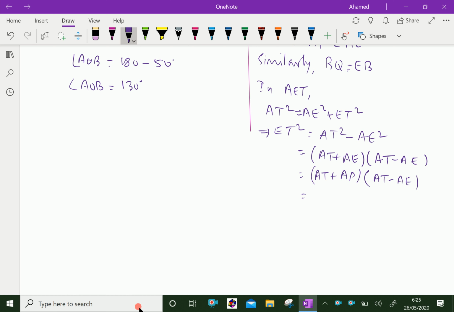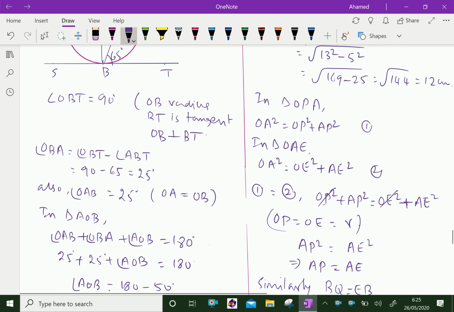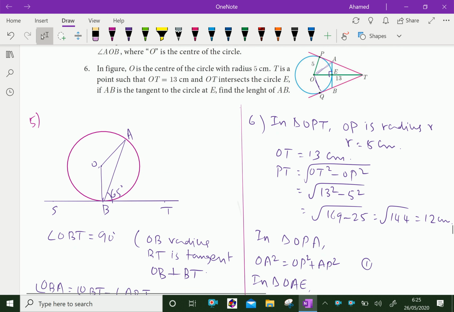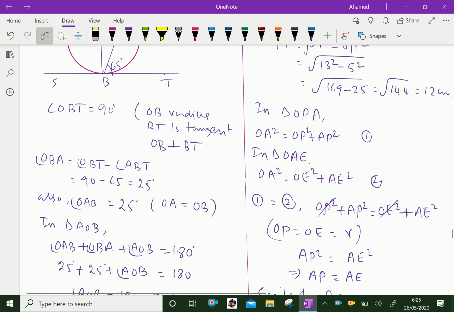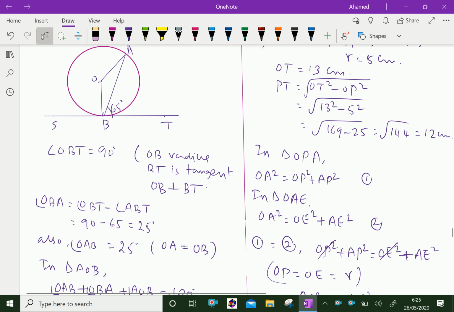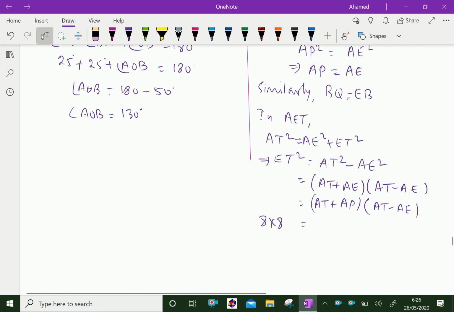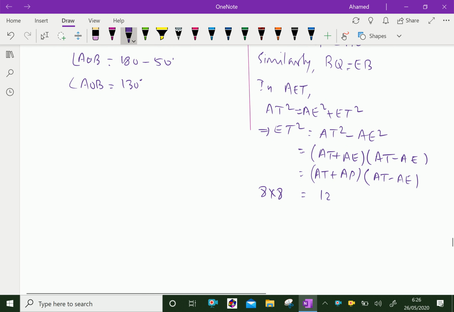Now ET square is 8 into 8, which is given, equals AT plus AP times AT minus AP. AT plus AP is PT, and PT is 12, which we have already.